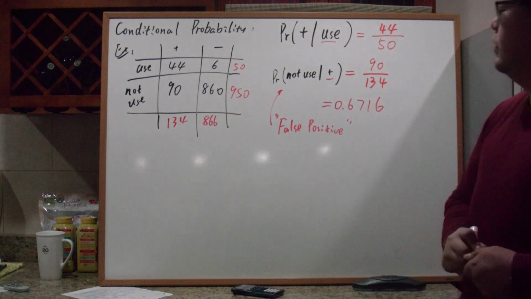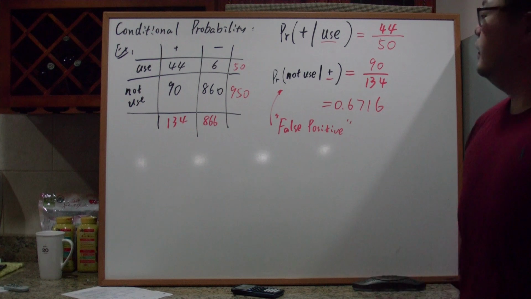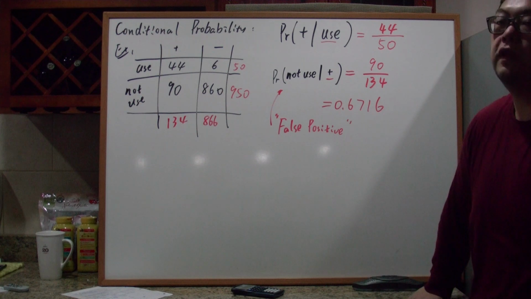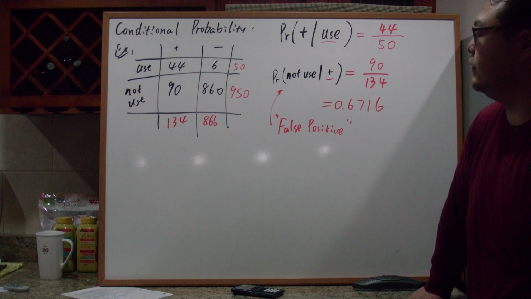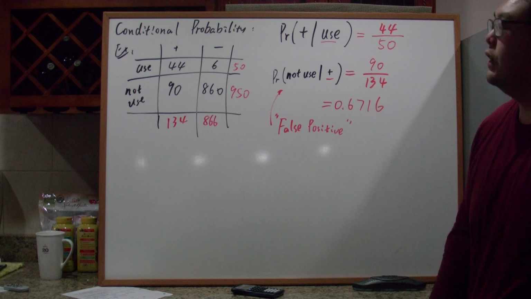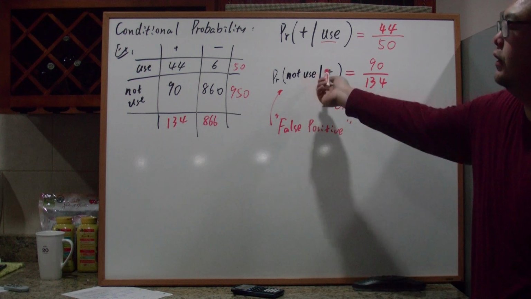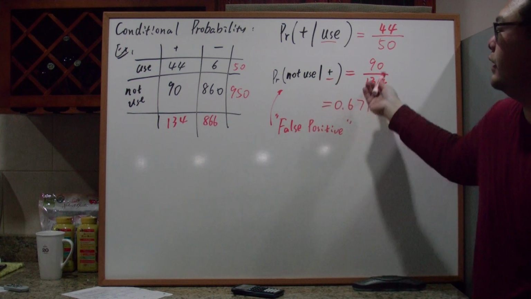And that is called a false positive. It's not use drug, but given that it is a positive test result. From those who have a positive test result, the likelihood you get a person or individual who does not use drugs is the false positive.